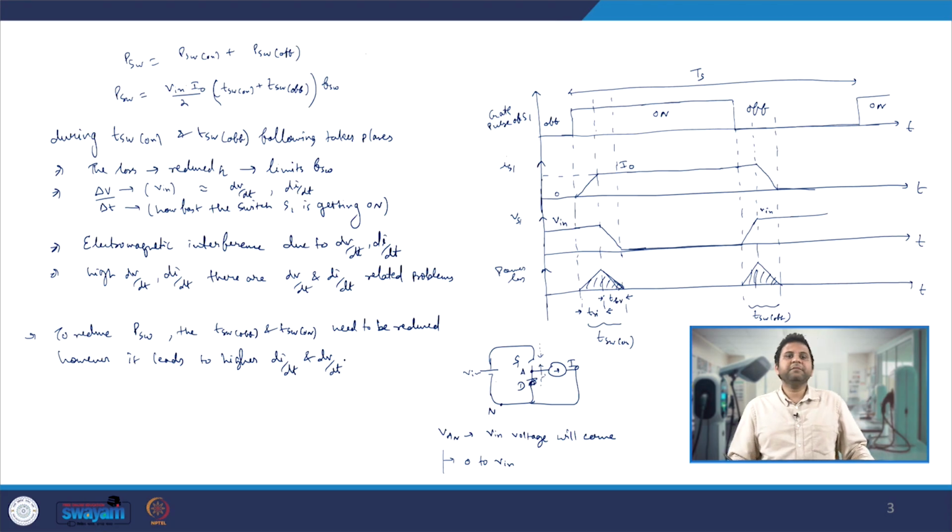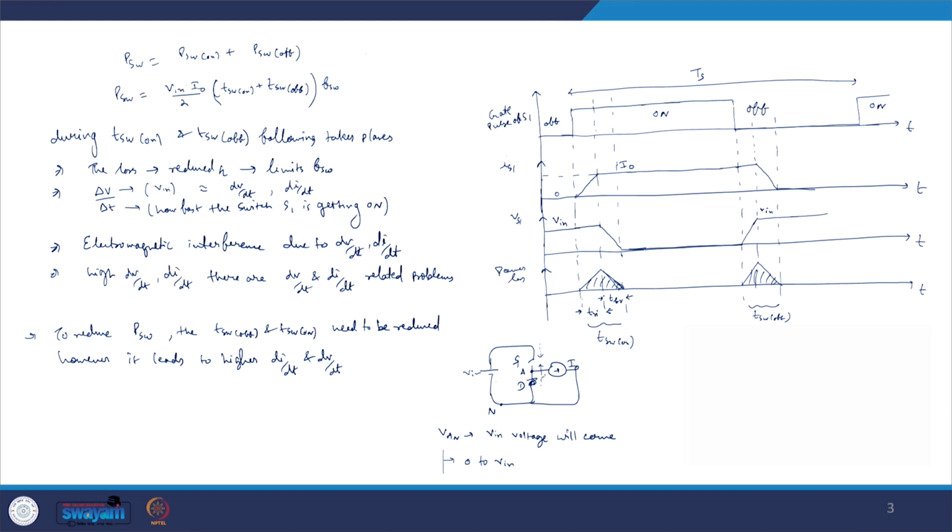And because of higher dI/dt and dV/dt, your EMI performance, or electromagnetic interference performance, reduces, and you have certain dV/dt, dI/dt related problems appearing in the circuit, which are nothing but false turn on and oscillations on your gate to source voltages. So dV/dt leads to false turn on of the devices, and dI/dt leads to oscillations in your gate to source voltages. So these are the problems which we have.